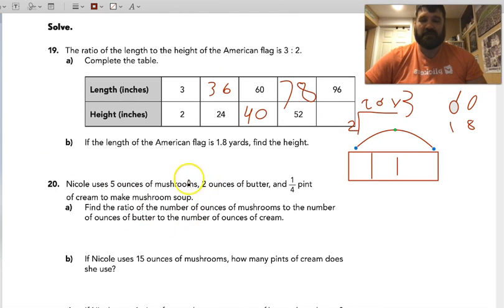So if the length of the American flag is 1.8 yards, find the height. Well, the ratio of the length to the height, so 1.8 to something. So we know again that this is 1.8, right?